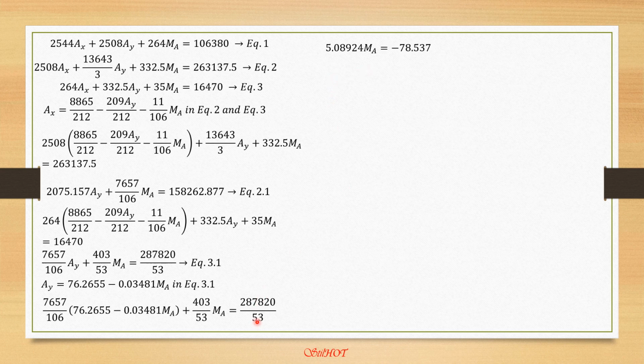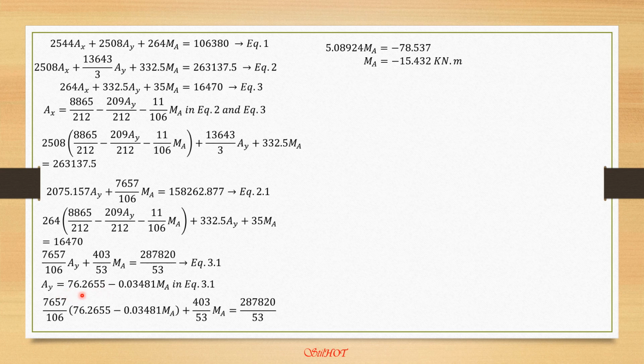Then for the constant, 287,820 over 53 minus 7,657 times 76.2655 over 106 gives us negative 78.537. Solving for MA, negative 78.537 divided by 5.08924, so MA is negative 15.42 kilonewton meter, because that's the unit of MA.